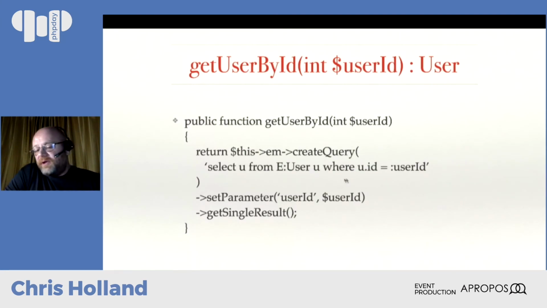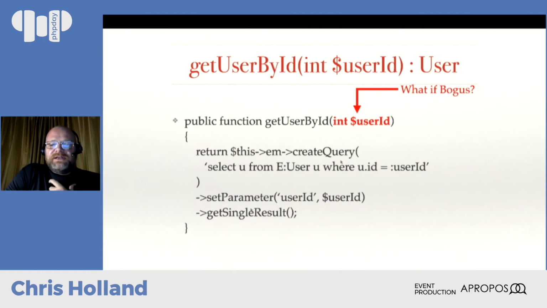Instead of using the query builder or one of the find by methods, I just put some straight up DQL, a DQL string, and I'm calling the get single result method. So I'm passing an int user ID and calling get single result, which means I must get one result back, not two results or no results, but exactly one result.